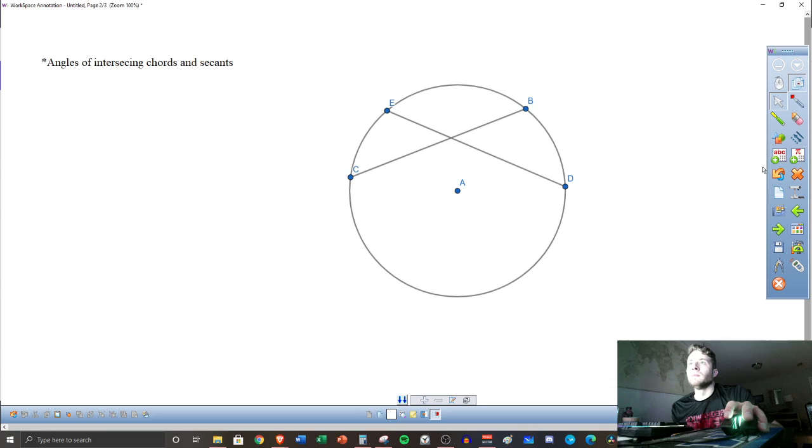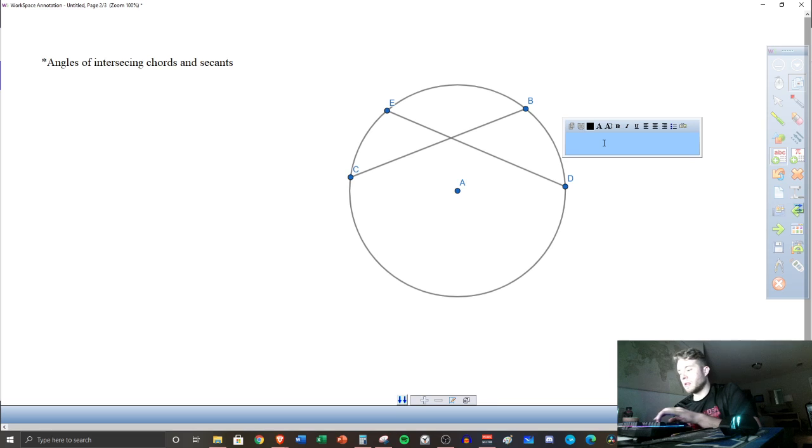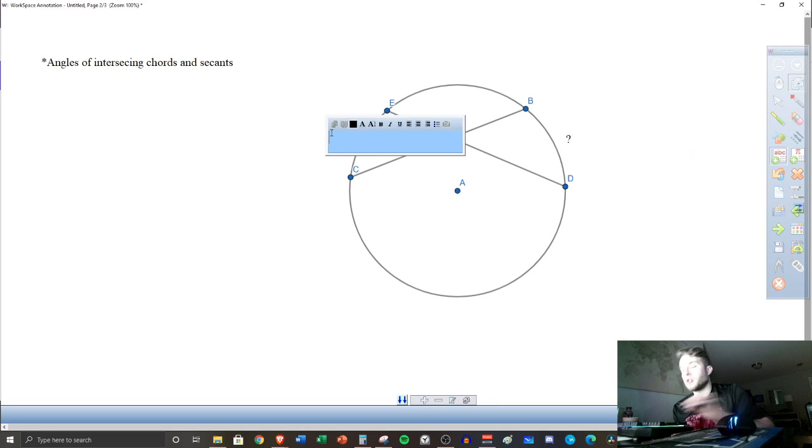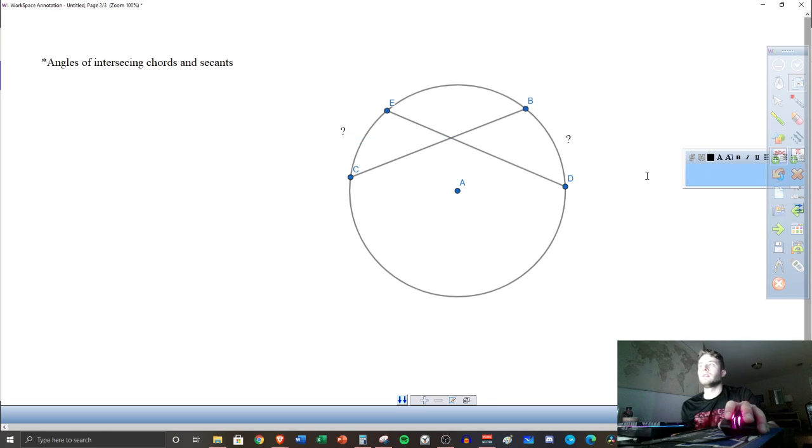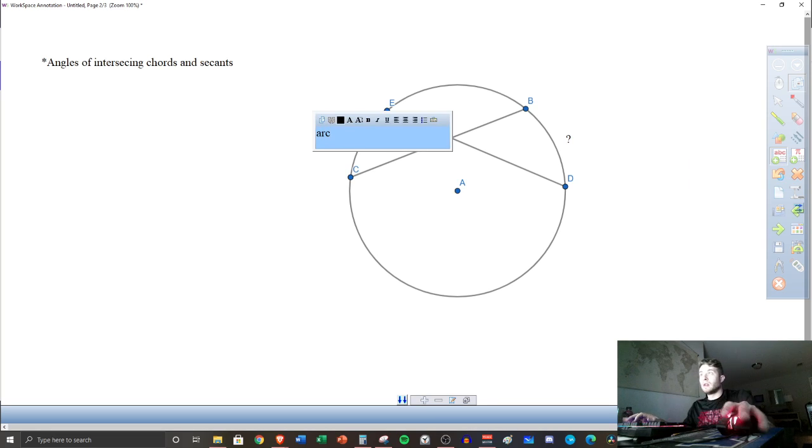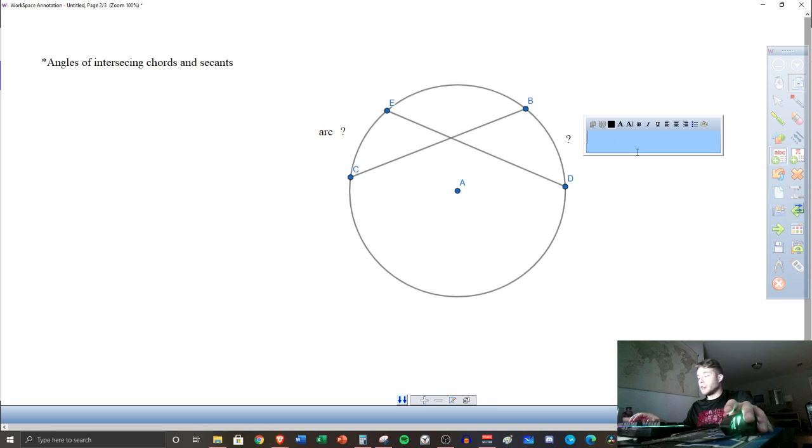All right. I want to know, first off, what are these? I want to know what is the measure of these arcs, right? So arc measures. That's what we want to know.